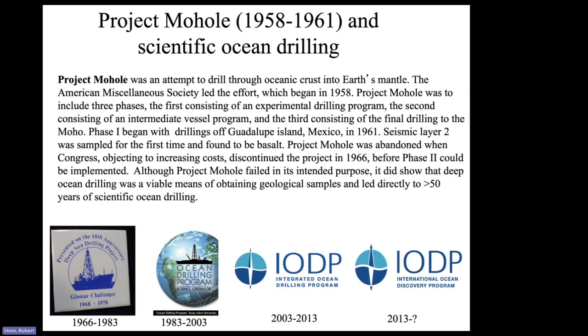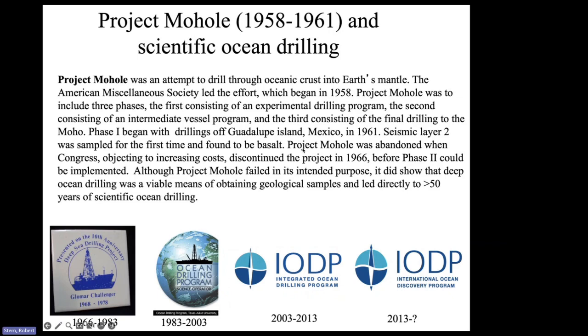Phase one began with drillings off of Guadalupe Island, off of western Mexico in 1961. We sampled seismic layer 2 for the first time, and we found it to be basalt. But the project was abandoned when Congress objected to the increasing costs, discontinued the project in 1966 before phase 2 could be implemented.